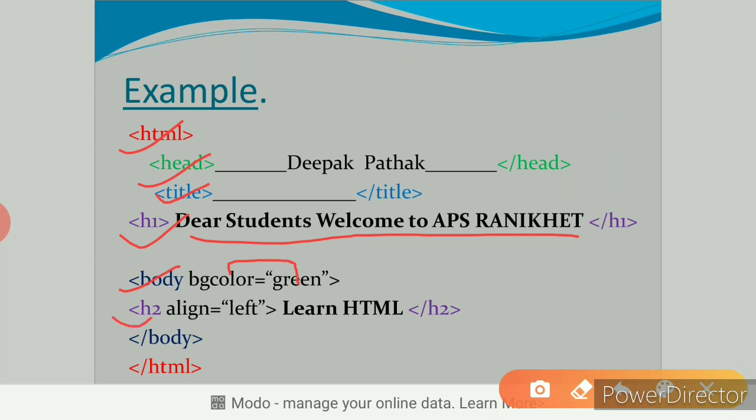The next tag is heading 2, align left, Learn HTML, and then the heading tag is closed. I want my content Learn HTML to be seen on the left side of the page. Then the body tag is closed, and then the HTML tag is closed.